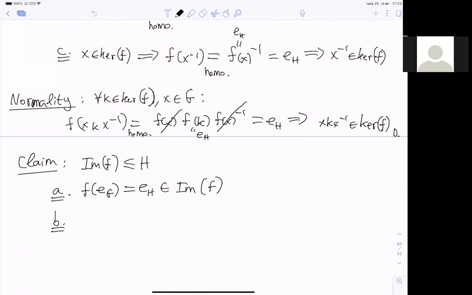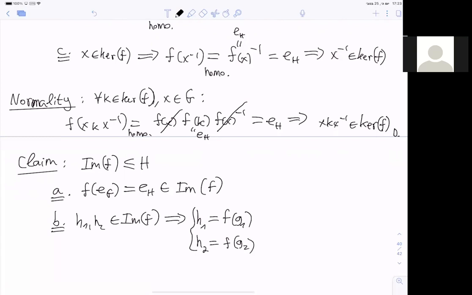Okay, so of course, if we have two elements in the image, what does it mean? It means that h1 is f of some g1, and h2 is f of some g2.